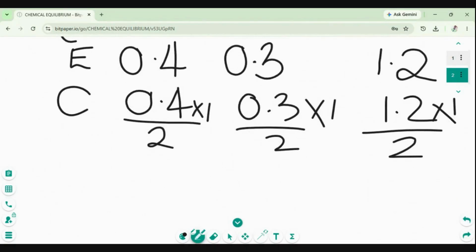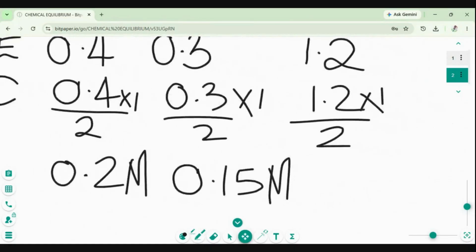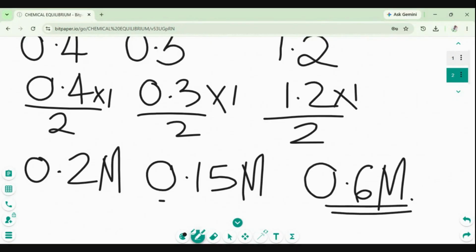That gives 0.2. 0.3 by 2 gives 0.15. This is concentration, molar concentration. 1.2 by 2 gives 0.6 molar. Now, members, we have our concentration.